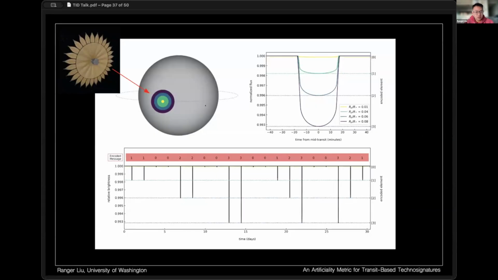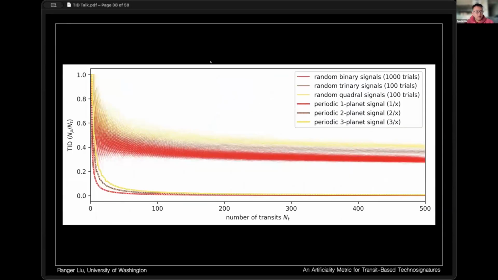So again, these would be signals in our hypothetical scenario that would be created by opening our variable aperture to varying sizes to create varying depths. So we can play a similar game and define the boundary behaviors here of periodic and random signals. And here I'm showing the behavior for binary, trinary, and quadral, so 2, 3, and 4 possible states.